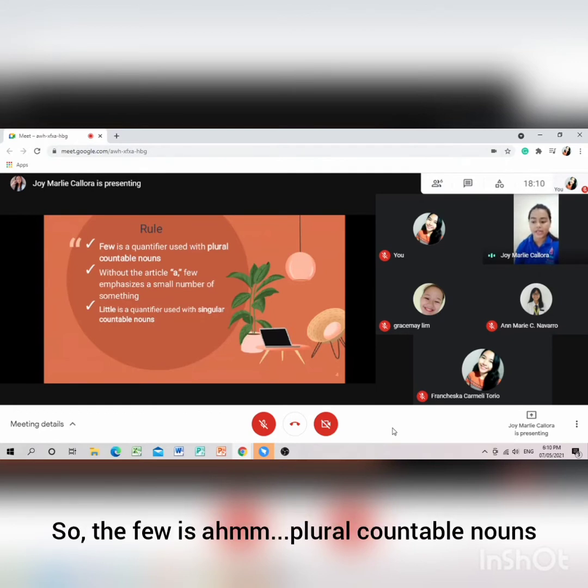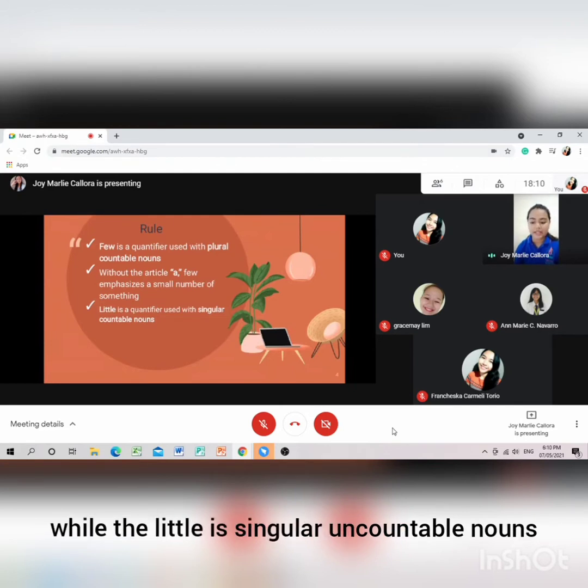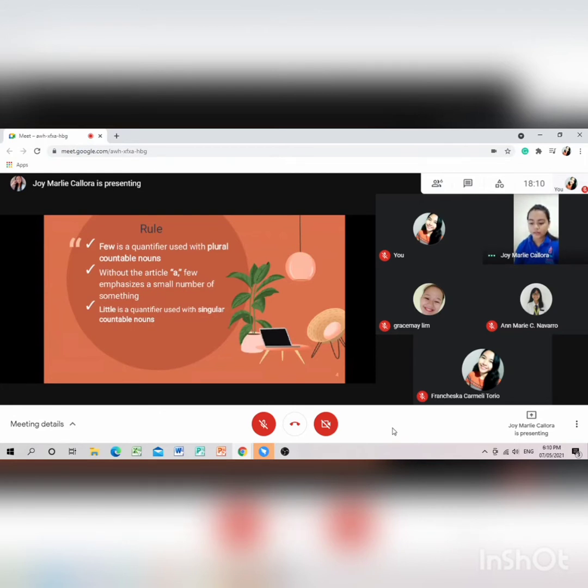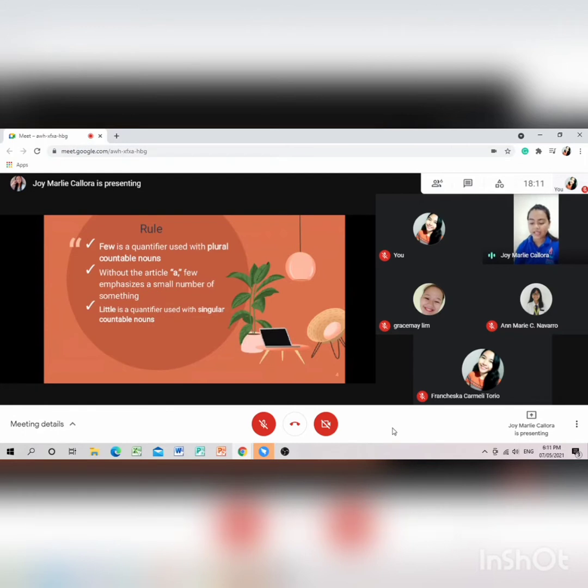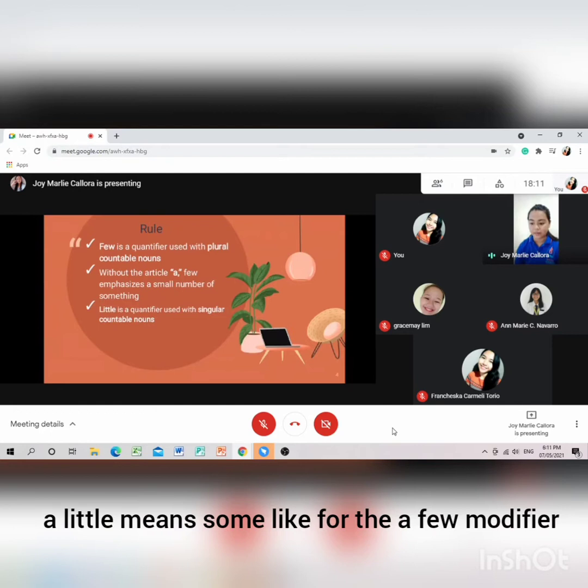So few is for plural countable nouns, while little is for singular uncountable nouns. Also, without the article a, little emphasizes a small amount of something. Adding the article removes the emphasis; a little means some, like a few.